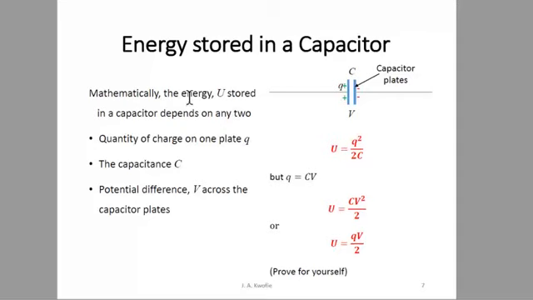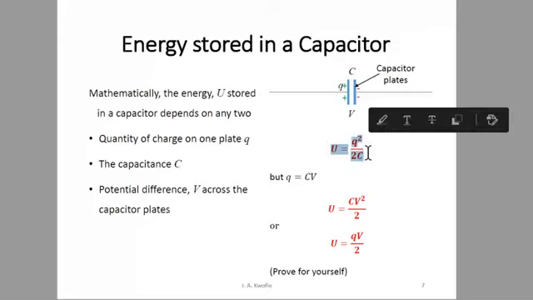Now let's come to the mathematical way of calculating the energy stored in the capacitor. The energy stored in the capacitor depends on any two of these quantities: the quantity of charge stored in the capacitor, the capacitance itself, and the voltage across the capacitor. We are not going to derive it.